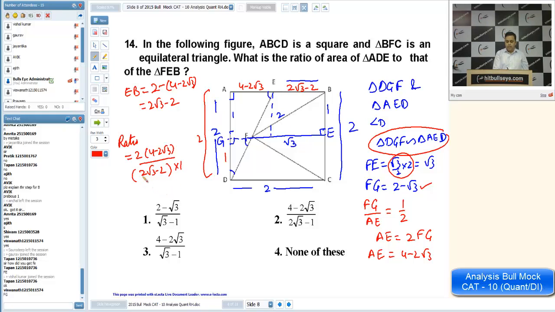So I can take 2 outside and cancel with the 2 in the numerator. The value will come out to be 4 minus 2 root 3 divided by root 3 minus 1.